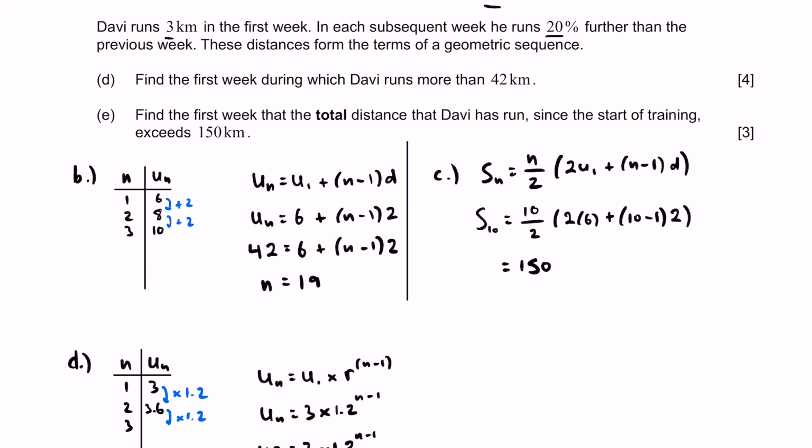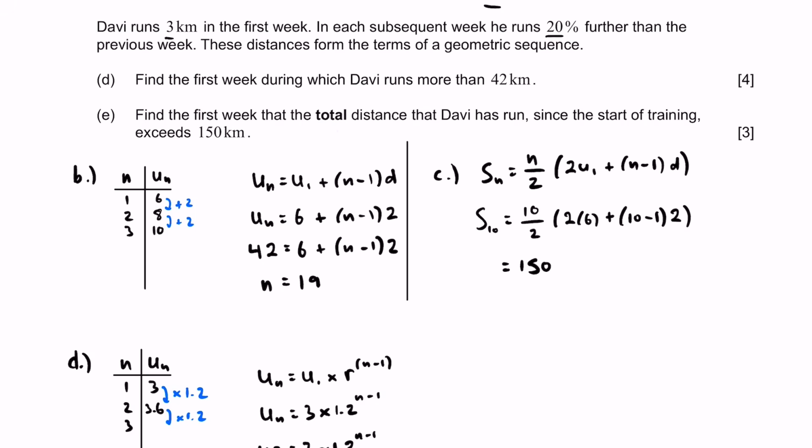Part E. Find the first week that the total distance that Devi has run since the start of training exceeds 150 kilometers. Okay, so nice question. What are they asking us here, and what kind of tools could we use? This is a sum, once again, a sum of a geometric sequence.